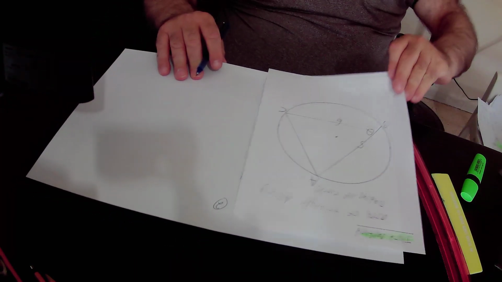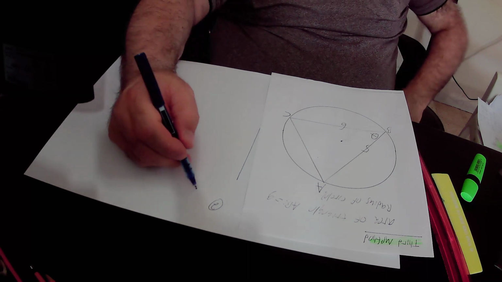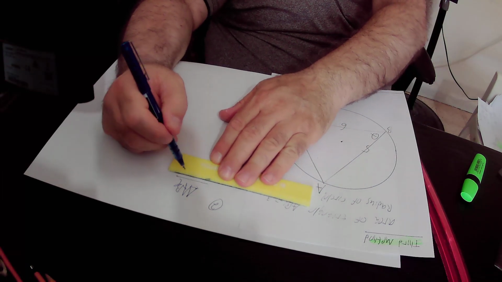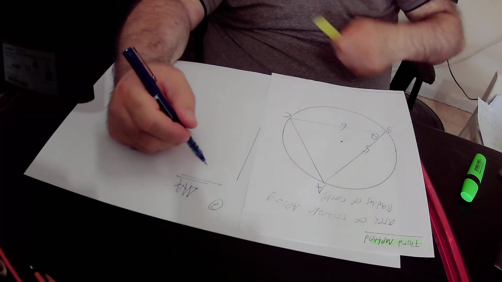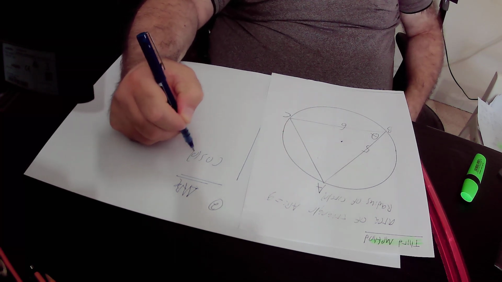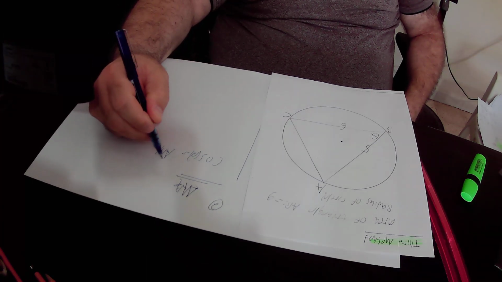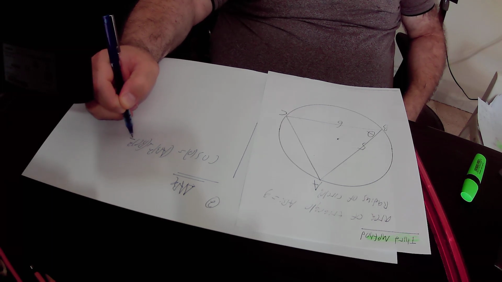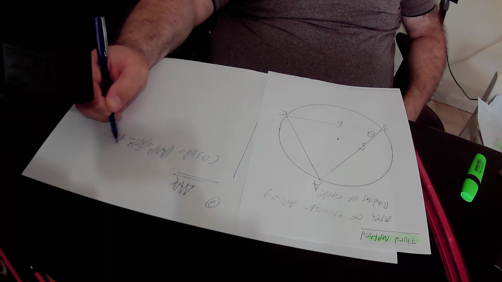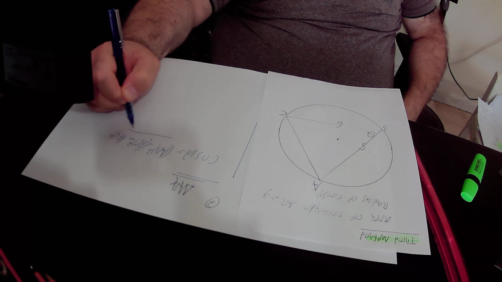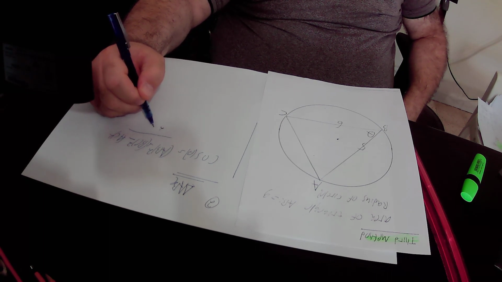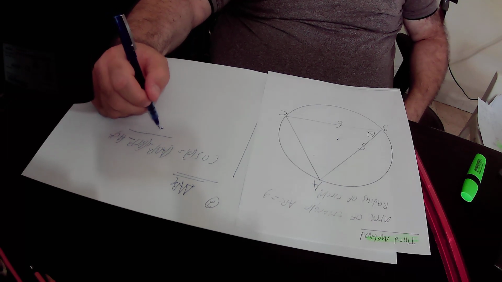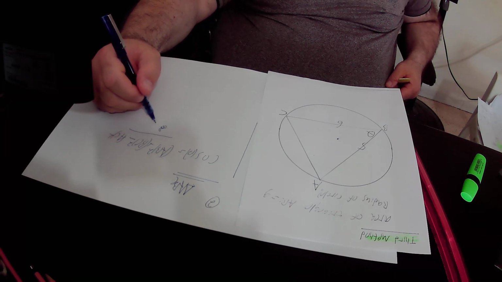According to the law of cosines, in triangle ABC, we get that cosine theta equals AB squared plus BC squared minus AC squared over 2 times AB times BC.